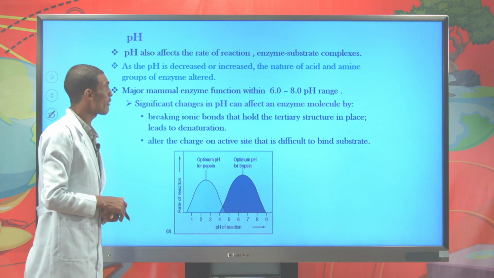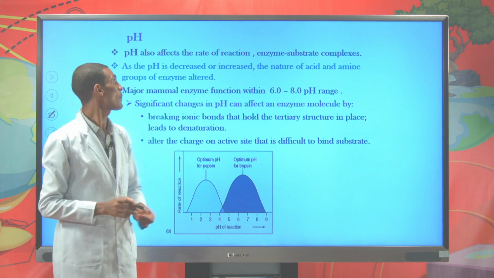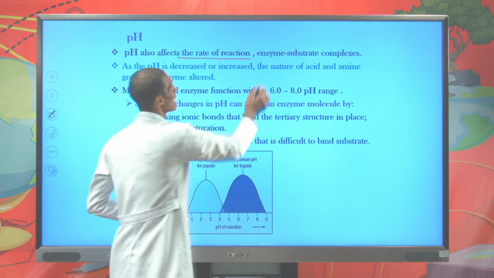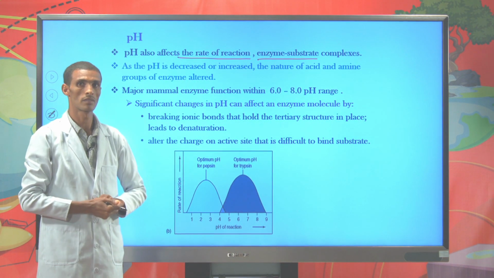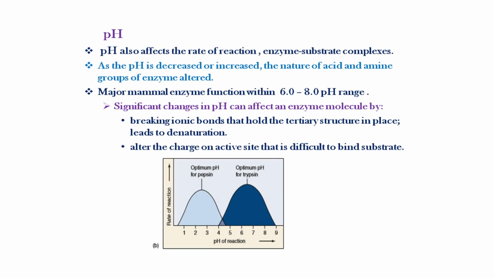Another factor that affects enzyme action is pH. pH also affects the rate of the reaction, the rate at which the enzyme-substrate complex is formed. Here, as pH increases or decreases, the nature of the charges on the amine and the acidic part is affected.